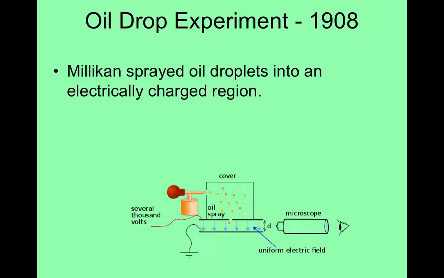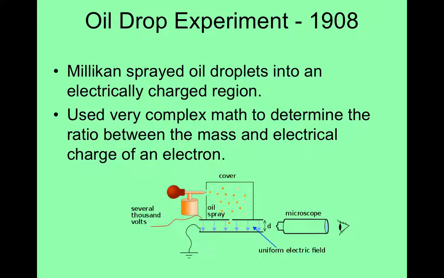Those are the oil droplets. But the experiment itself isn't really taking place until the very bottom, when the droplets end up going into that uniform electric field. And what Millikan did is some very complex math to determine the ratio between the mass and the electrical charge of an electron.